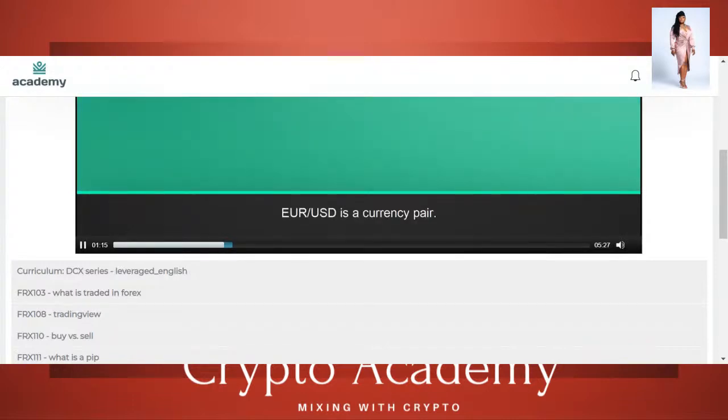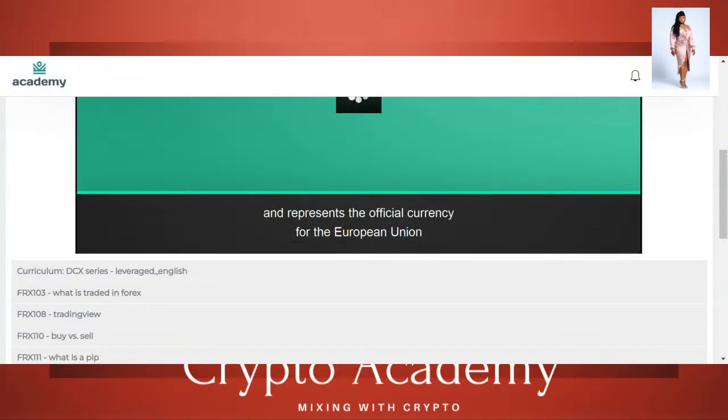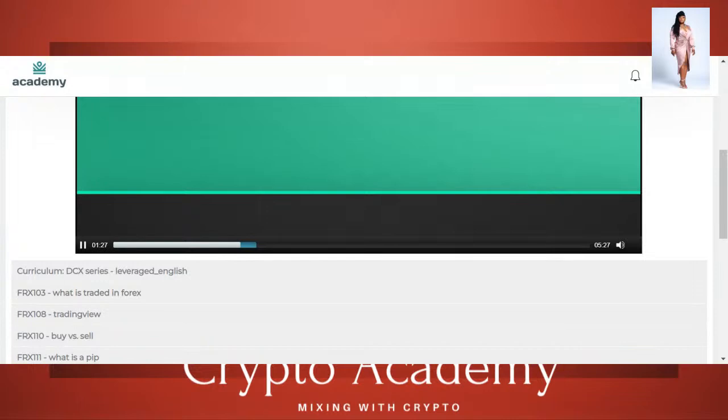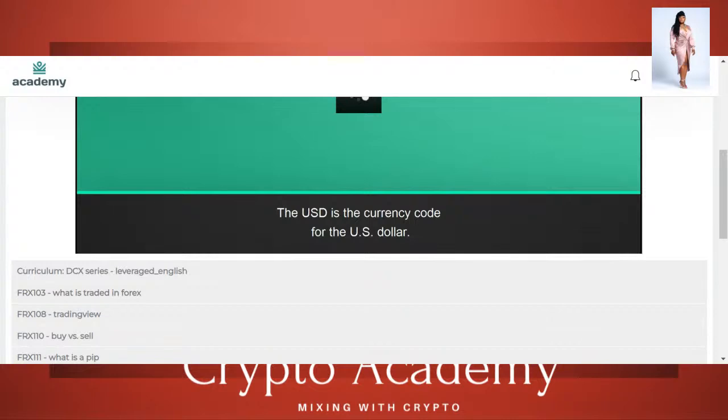EUR to USD is a currency pair. The EUR is what is called a currency code and represents the official currency for the European Union. The USD is the currency code for the US dollar.